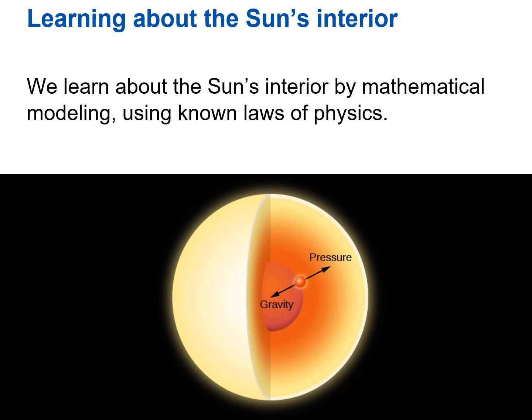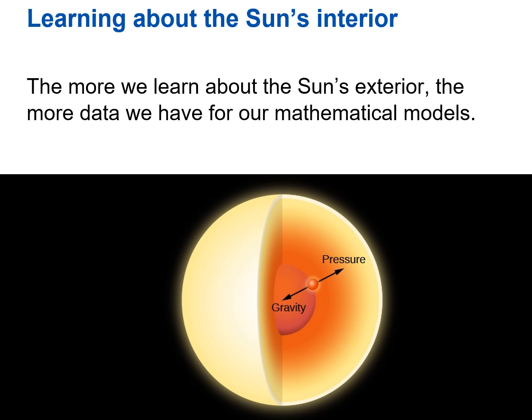Now I want to get into how we learn about the sun's interior. I've been teaching you a lot in this chapter about what's inside the sun, but how do we know what's inside the sun? We learn about the sun's interior by mathematical modeling using known laws of physics. The more we learn about the sun's exterior, the more data we have for our mathematical models. So we learn a lot about its exterior.